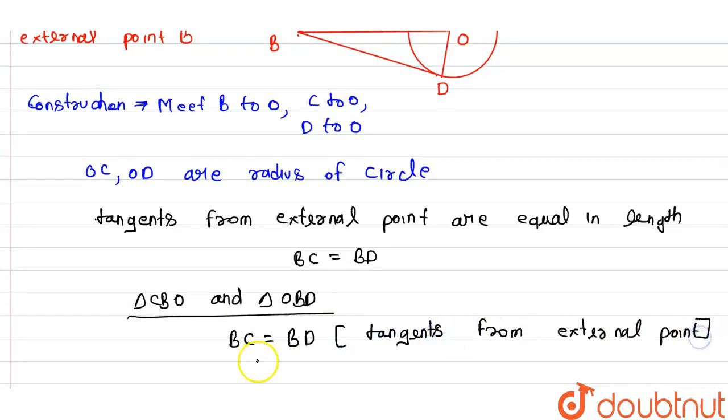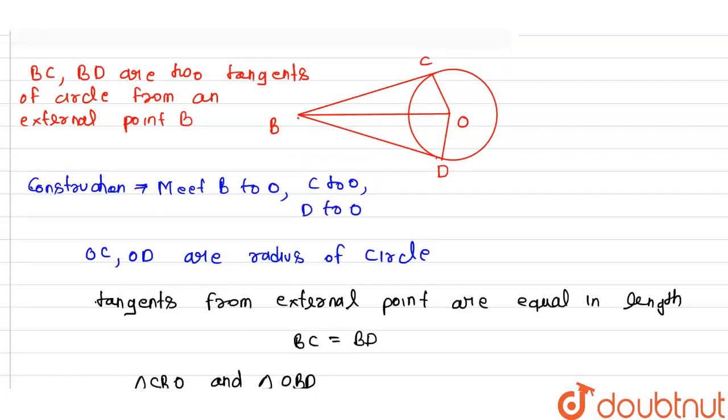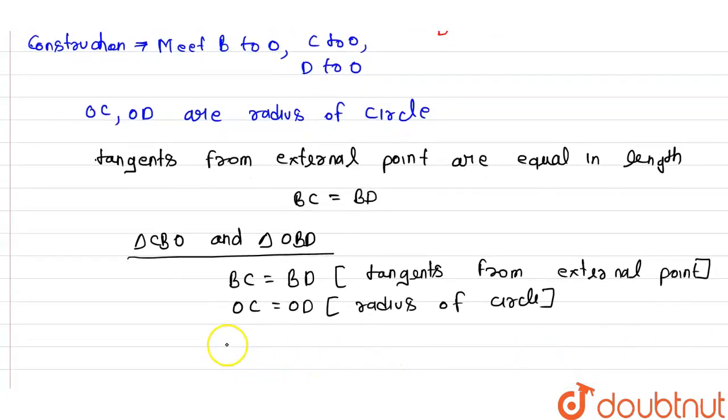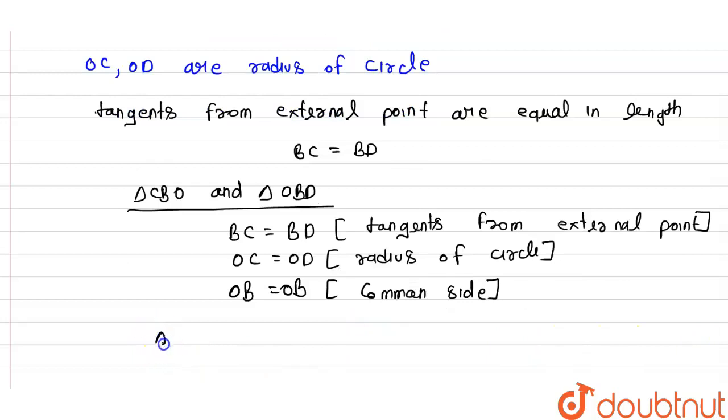We can also say that OC equals OD, because these are radii of the circle, and BO is a common side of both triangles, so OB equals OB. So triangle CBO is congruent to triangle OBD by the SSS theorem of congruency.